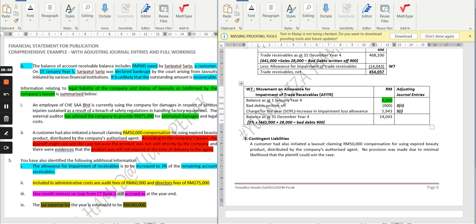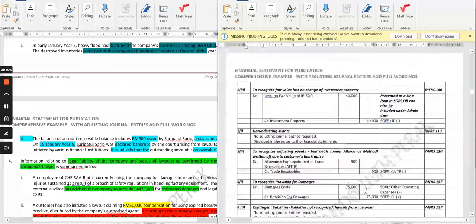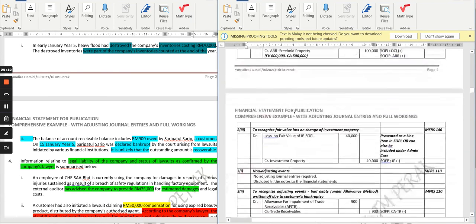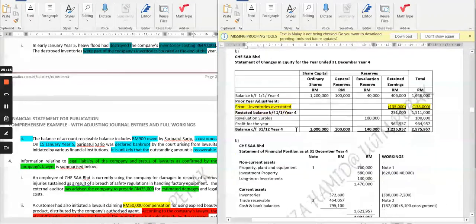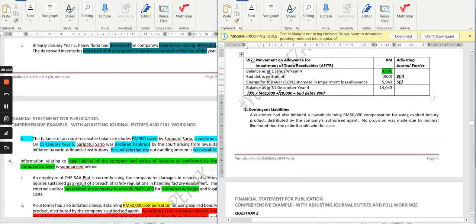But that 28,000 is what you have done much earlier in your first few journals. The first journal was actually the unrecognized credit sales that you need to recognize. That is the additional sale, so you add the sales that were not recorded. You add the 28,000, so you'll be able to get the amount, and that amount is what you adjust by 3%.